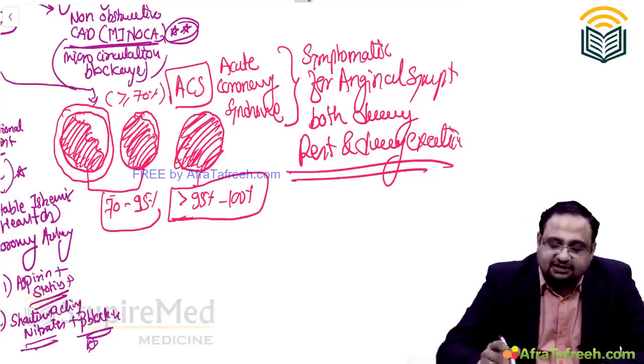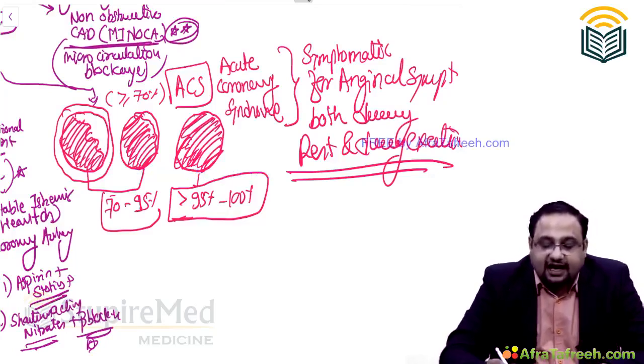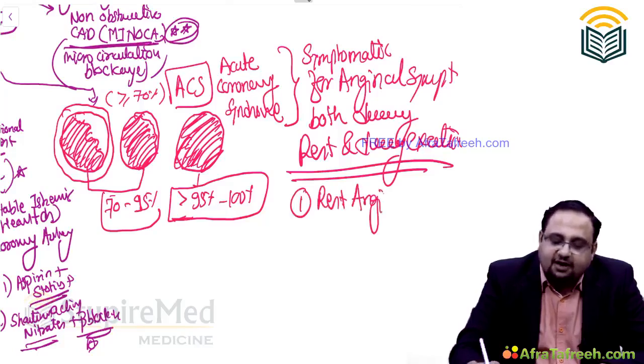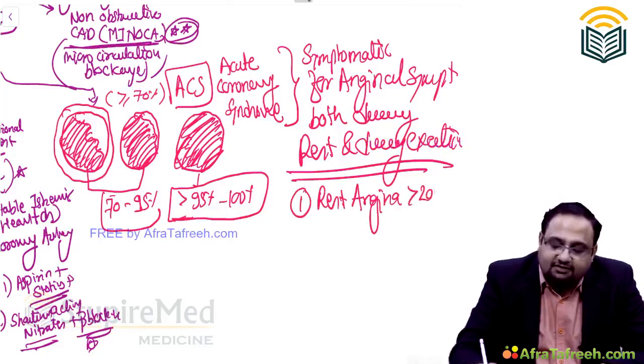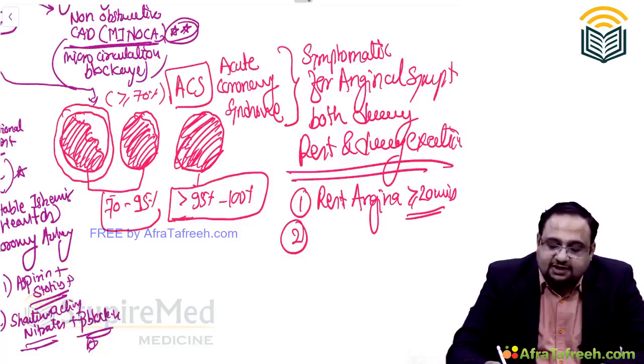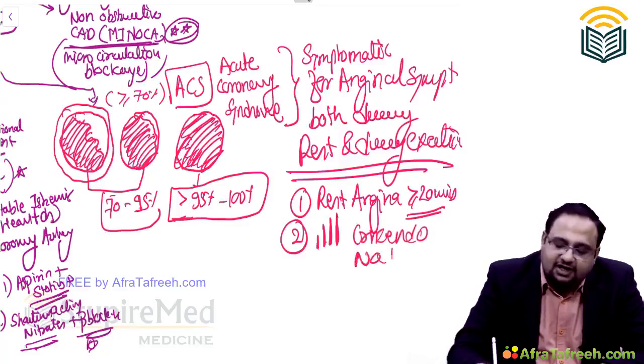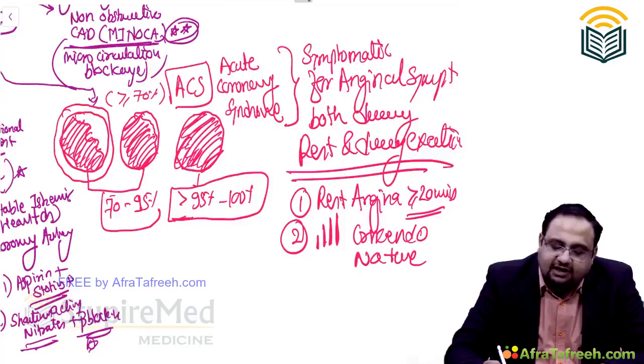So such patients, if they fulfill the criteria of rest angina, rest chest pain of more than or equal to 20 minutes, very important. Number 2, the chest pain is increasing in nature, it is never decreasing, that is crescendo in nature, it is only worsening.